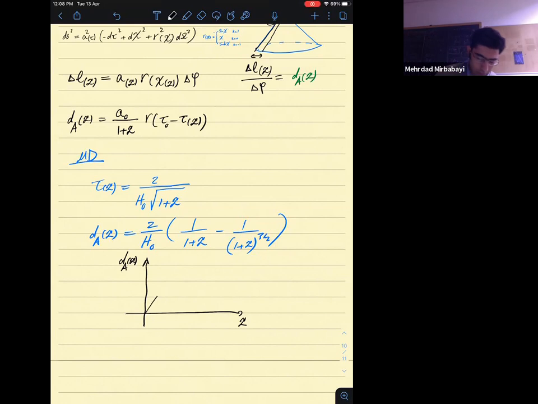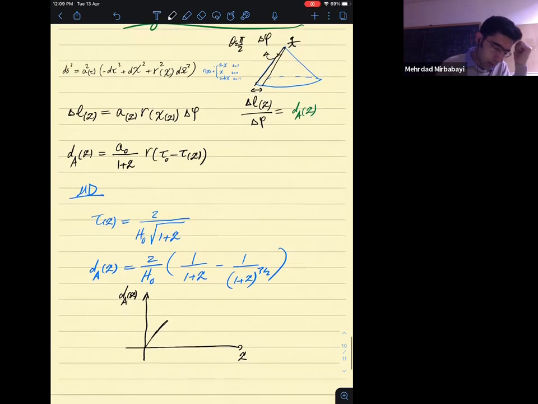But then at larger times, so this is what you can verify by looking at this form of this expression. So at a small z, for z much less than 1, there will be a linear relation. And this is the natural expectation in flat space-time, right? As you go to larger times, the distance just linearly grows.